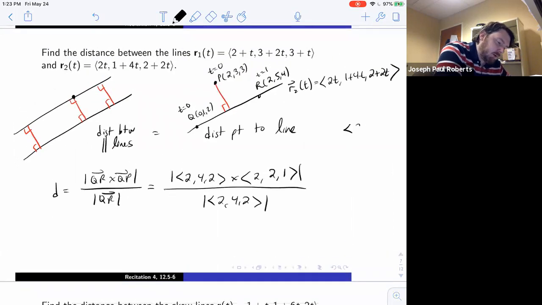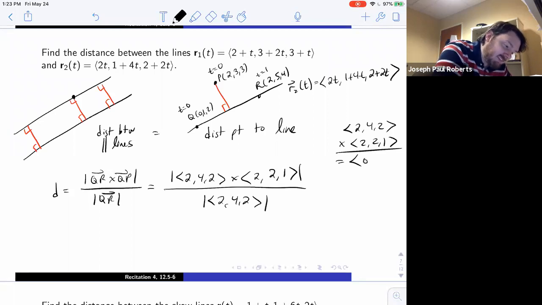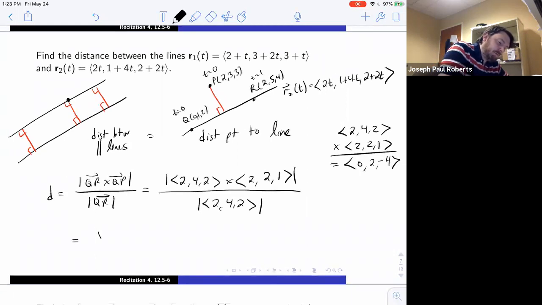And so this cross product 2, 4, 2 cross 2, 2, 1, I always have to do my cross products like this, is what? 0, 2, 4 minus 8 is -4. So I get the square root of 0 squared plus 2 squared plus -4 squared over the square root of 2 squared plus 4 squared plus 2 squared.